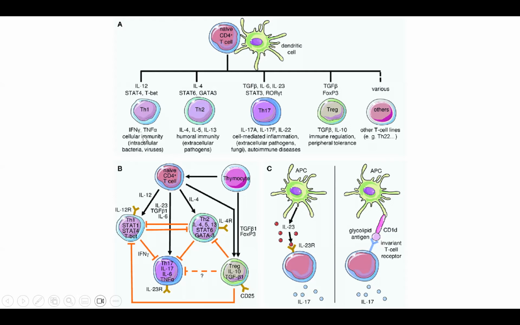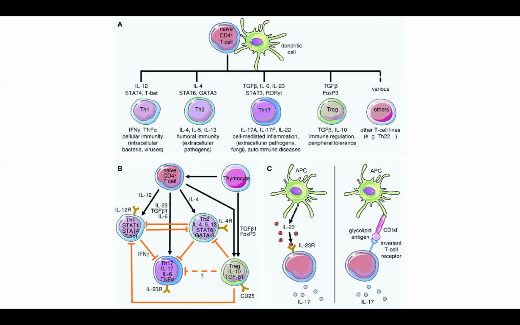Now, the cytokines that are being released from these cells are at the bottom. So your naive CD4 positive T cell, when it's attached to a dendritic cell that's presenting an antigen and activating it, will start to secrete. There are chemicals communicating between the dendritic cell and the naive CD4.